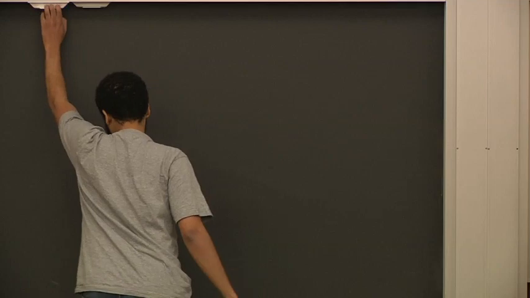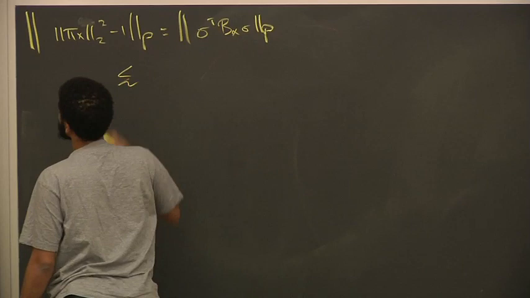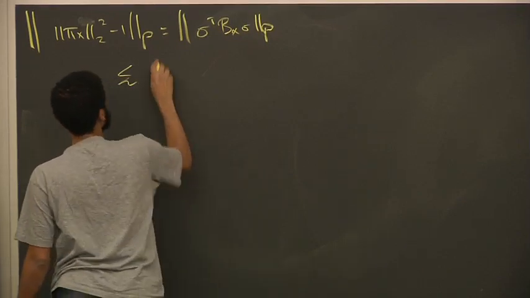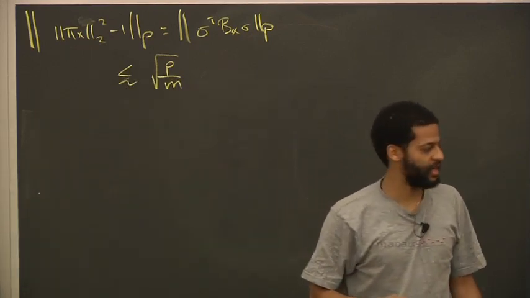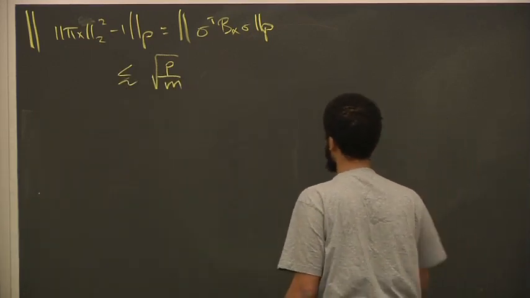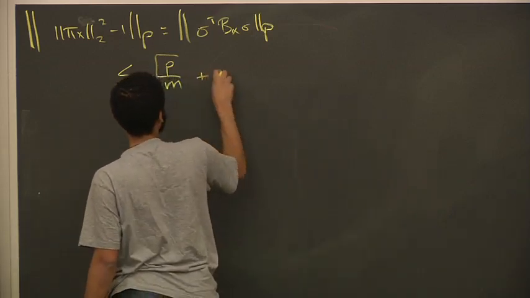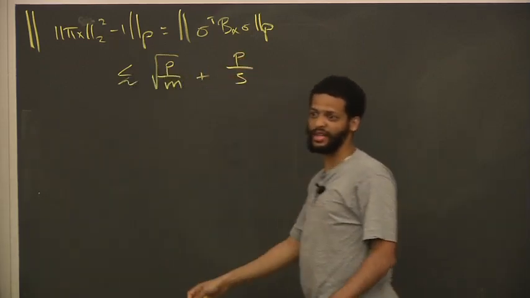What we've shown is that this p norm is equal to this p norm, and we've just shown that this is at most root p over m, or to be a little more suggestive, root p over m plus p over s.